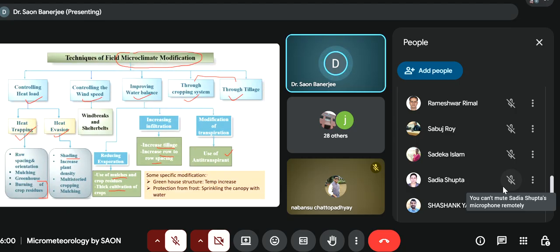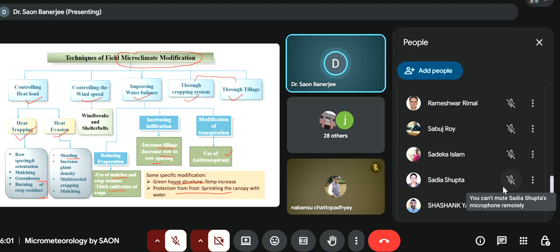And there are some specific modifications like greenhouse structures, temperature increase, protection from frost, sprinkling the canopy with water, or in our summer season rice, the Boro rice, as it is popularly known.